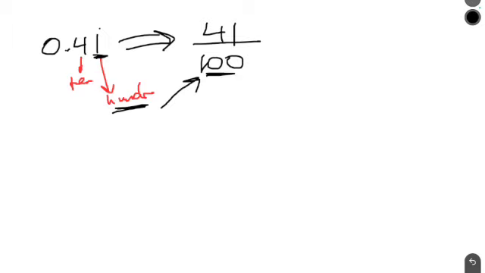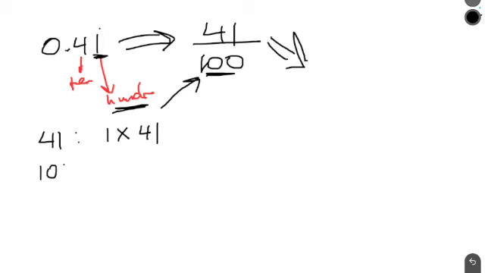Okay, is this number in its simplest terms? Let's take a look. We want to find all the factors of 41. All the factors of 41 are really just 1 times 41, because I believe 41 is a prime number. That's for a separate topic, but there are only two numbers that can divide into 41, and that's 1 and 41.